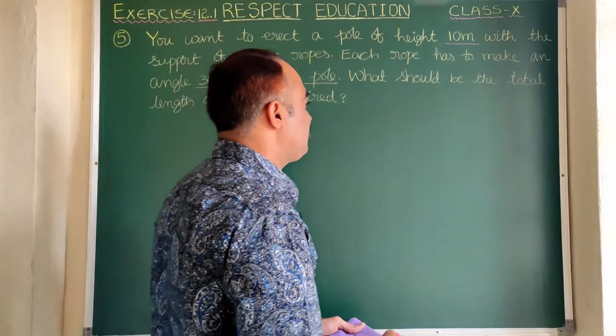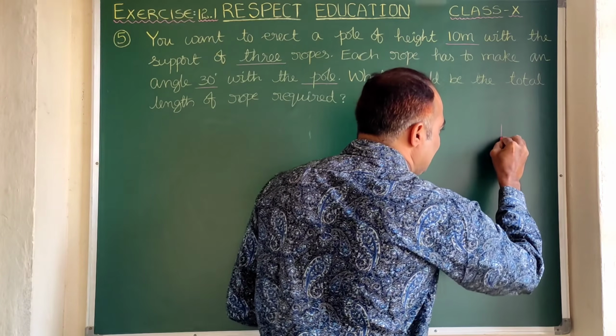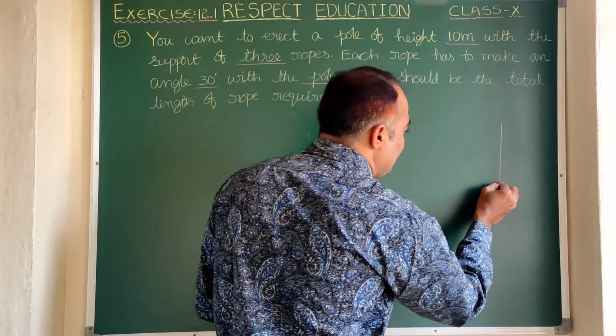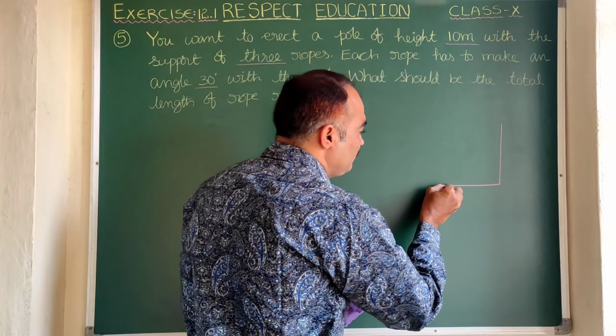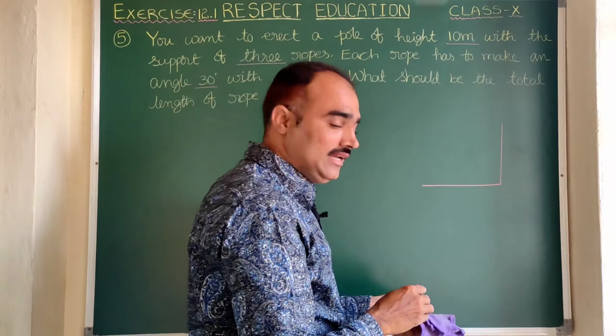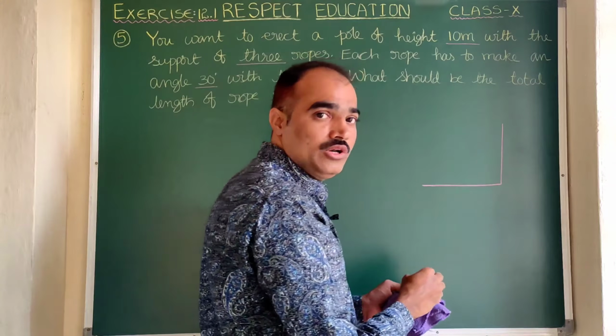Here, according to the given question, for example, this is the required pole and this is the earth. Now there are 3 ropes. 3 ropes are required to erect this pole.